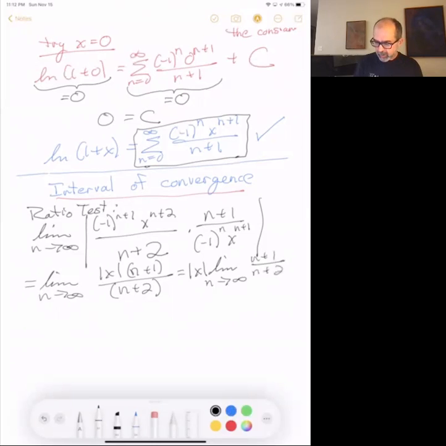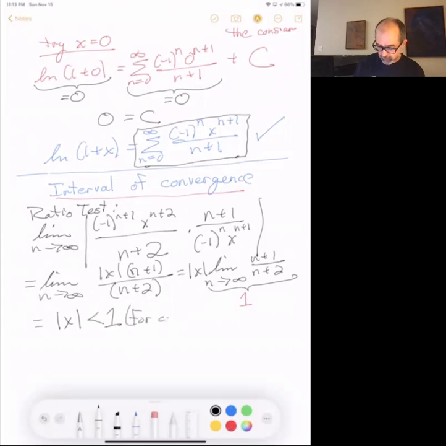Note that the limit itself, this whole thing here, is just 1. So we have the absolute value of x times 1, which is just absolute value of x. This is less than 1 for convergence.